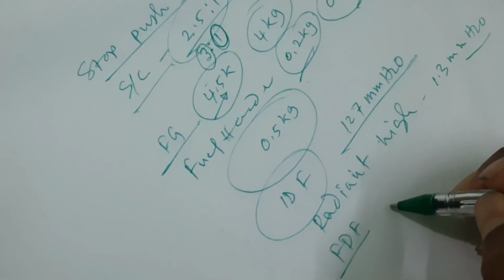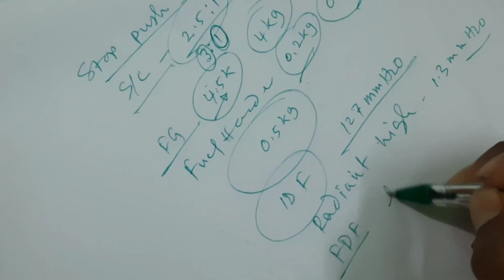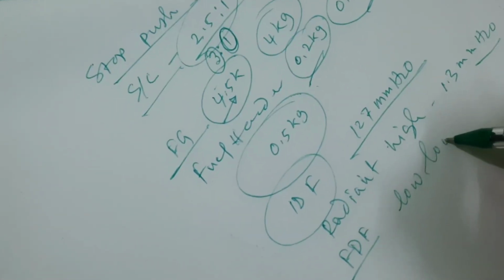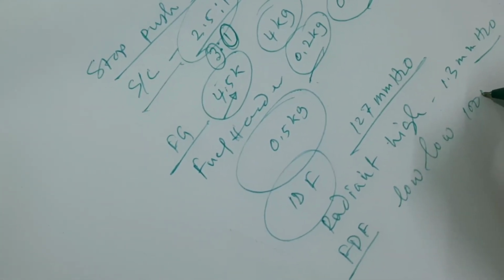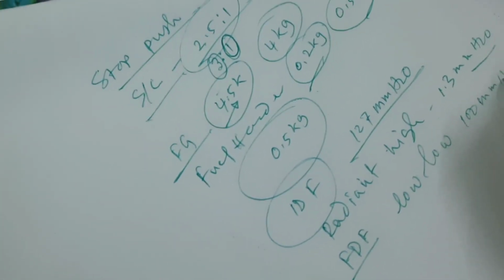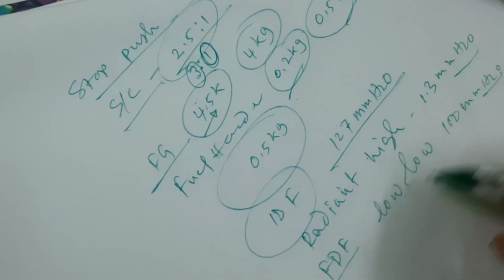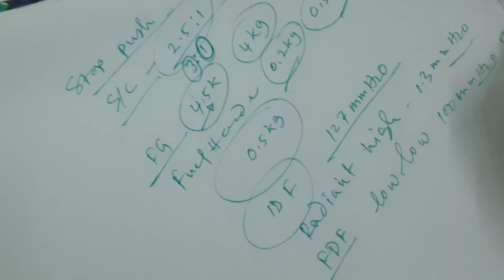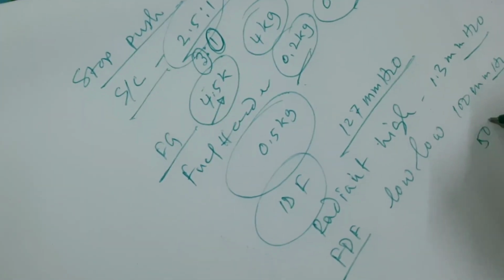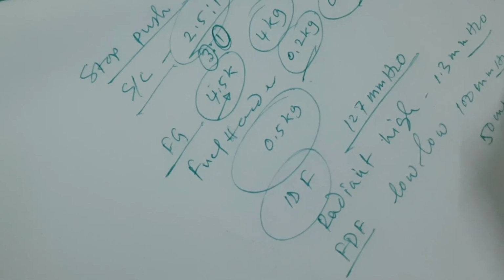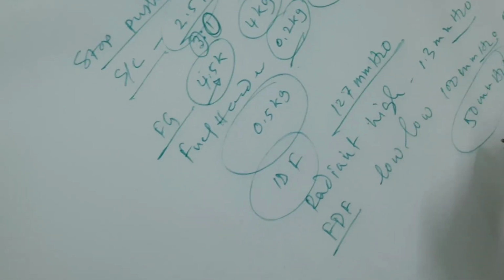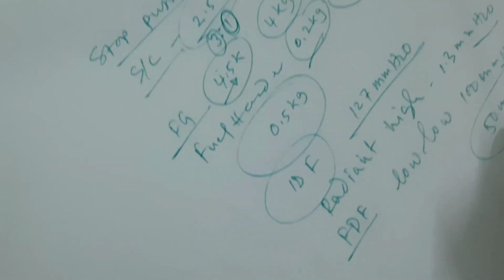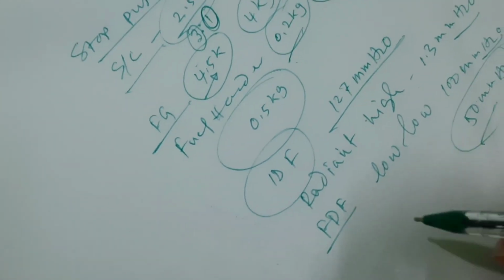If discharge pressure is low, the primary reformer will also trip. Low alarm will appear at 100 millimeter of water, and the primary reformer will trip at 50 millimeter of water. If 50 millimeter of water pressure appears on the primary reformer furnace side, the primary reformer will trip.